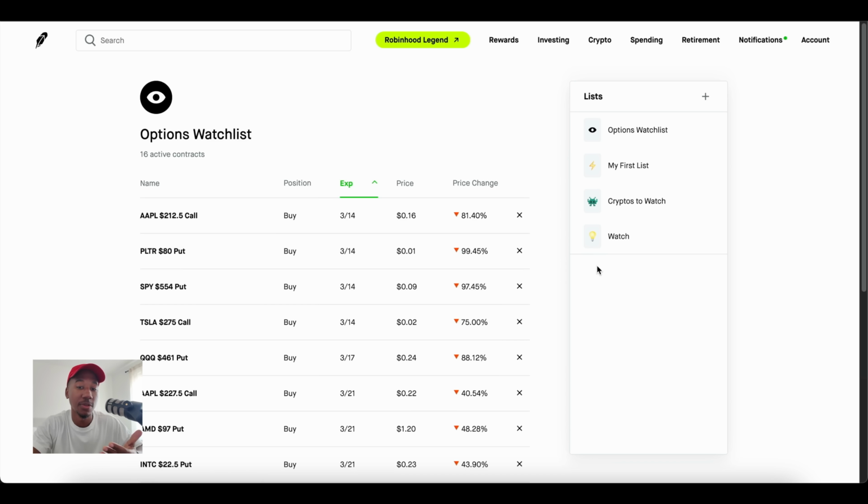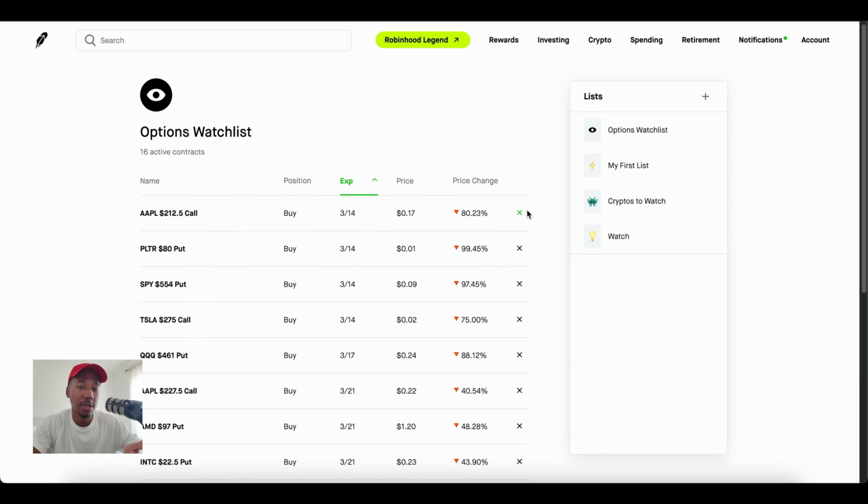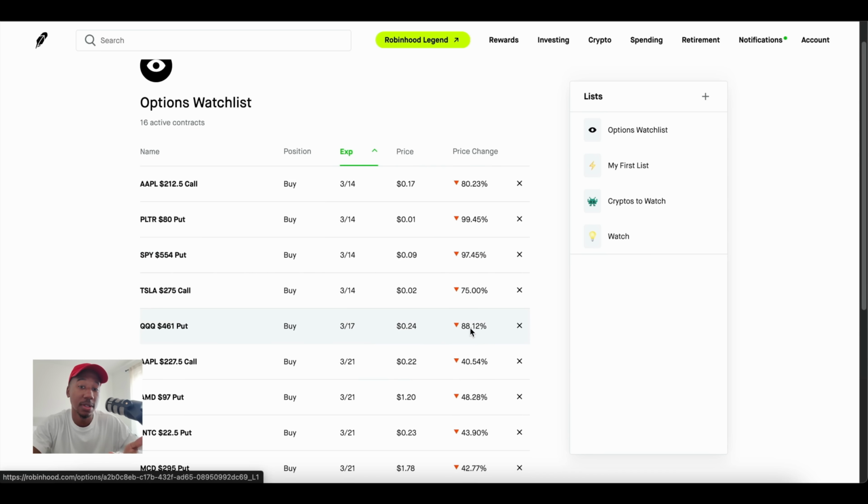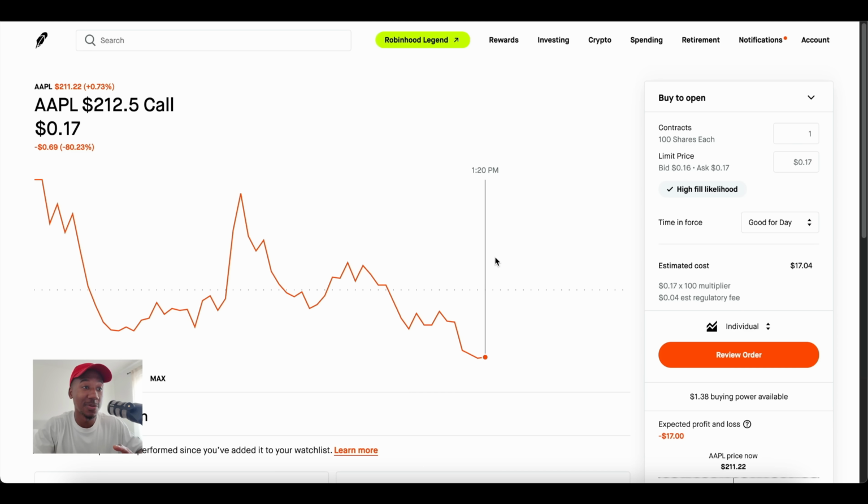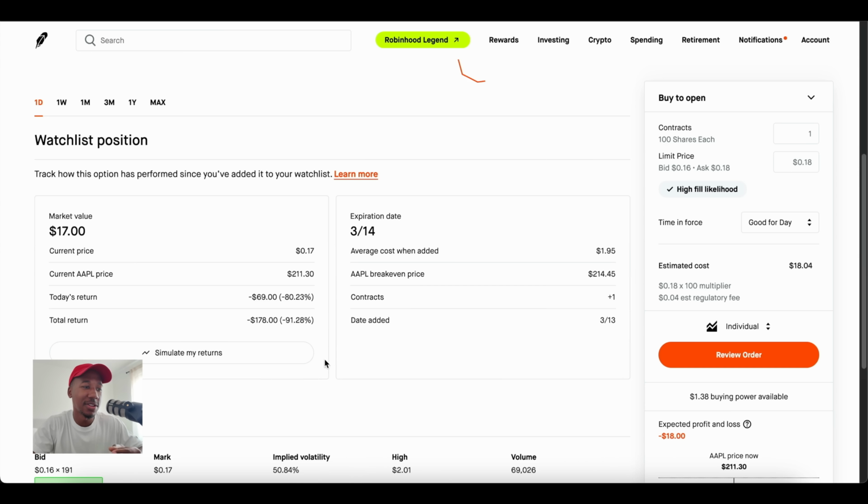All right, so if you are not familiar with this, this is the options watch list on Robinhood. Pretty much the way this works is, looking at this Apple call, I can see that it expires today, and the call is pretty much worthless. If we take a look at this call, we can see that I added it March 13th, which is yesterday.